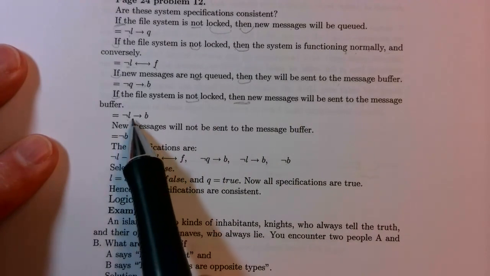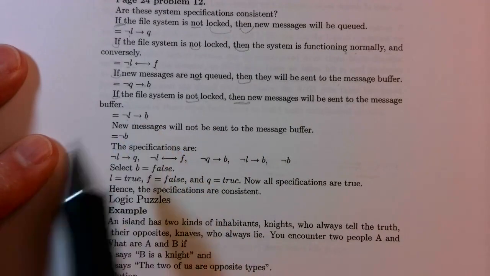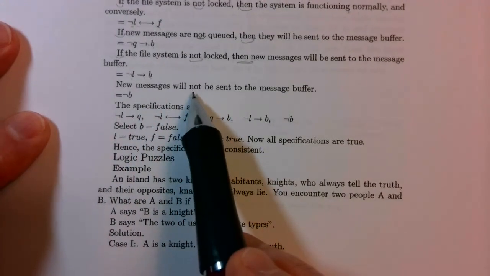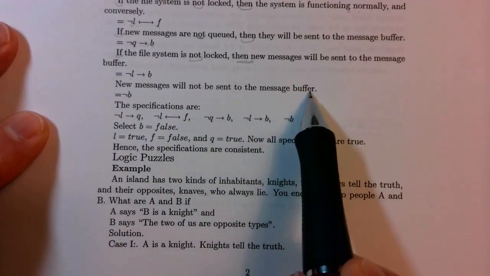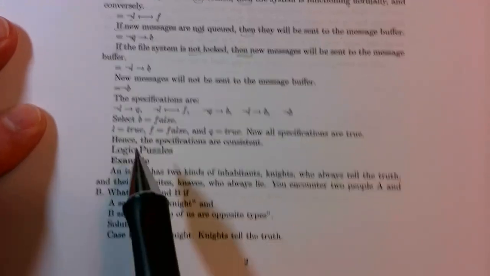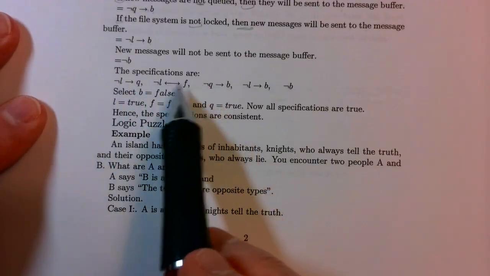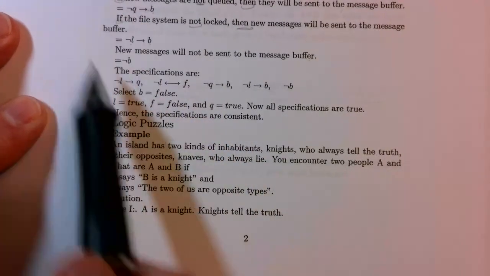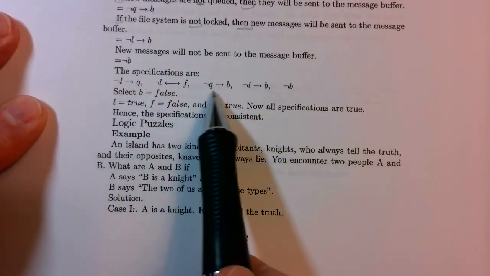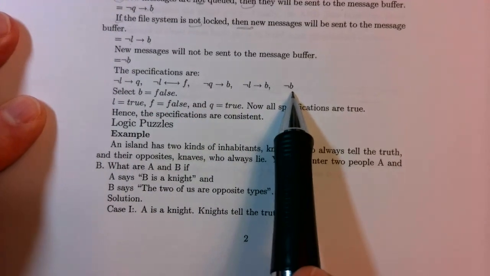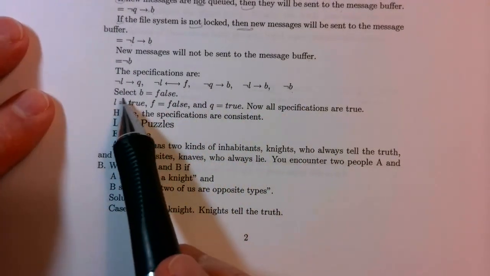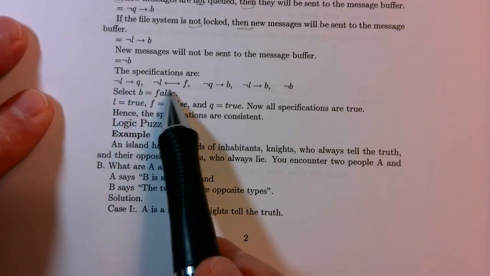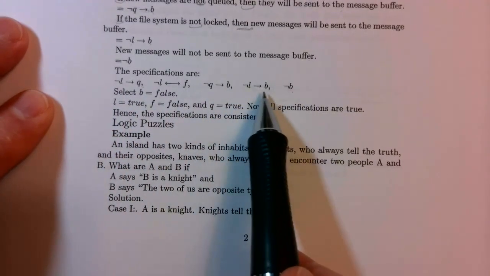If not locked, then sent to the message buffer. New messages will not be sent to the message buffer. This is just not B. So we have these specifications that we wrote symbolically already. Now make selections. We have L, Q, F, B.